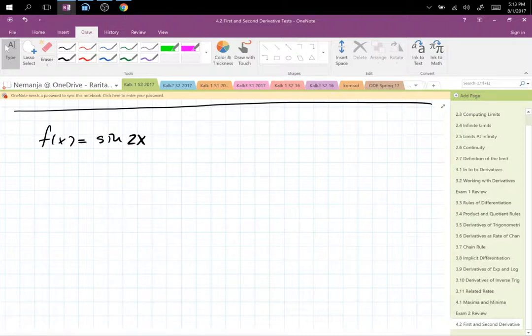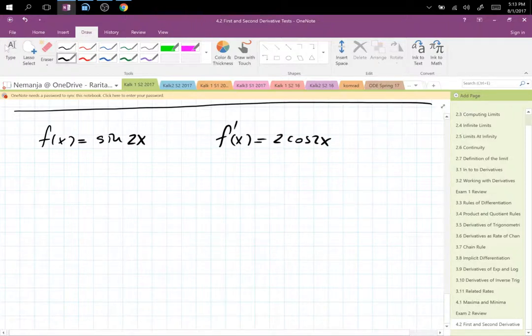Yeah. So we know that the derivative of sine 2x is? And when we set that equal to 0? Exactly.